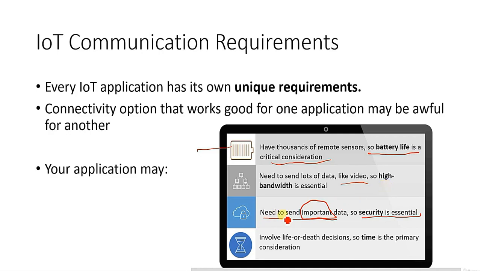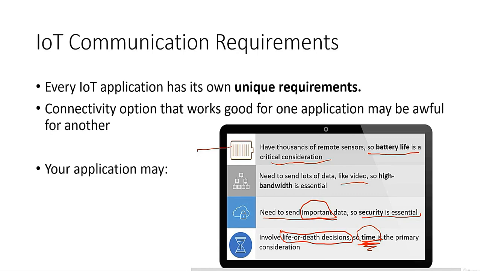And then there can be some cases where life or death decisions are to be sent over the internet, and therefore here the most important aspect is time. Not even security, not even bandwidth, and not even battery life. Here the most important decisive factor is the time that it takes for data to travel from the device to the internet and from the internet back to the device.